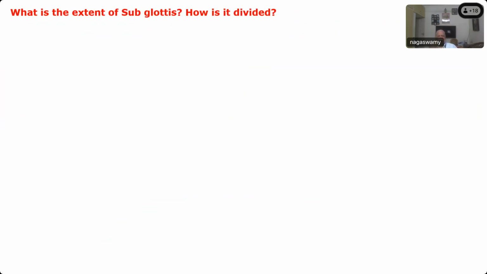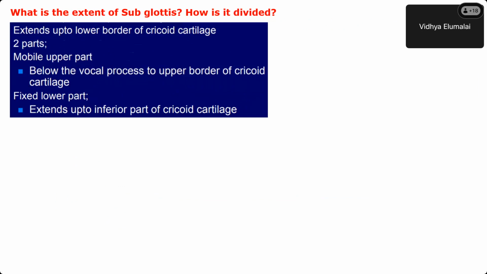So we saw supraglottic, glottic. Now we have come to subglottis. So how do you divide the subglottic area? Inferior part of the vocal cord to C6. It extends up to the lower border of the cricoid cartilage. Okay, from the glottic opening to the inferior border of the cricoid cartilage.